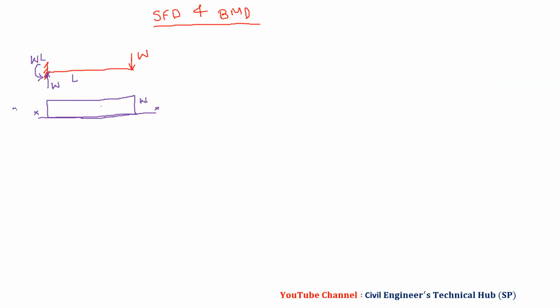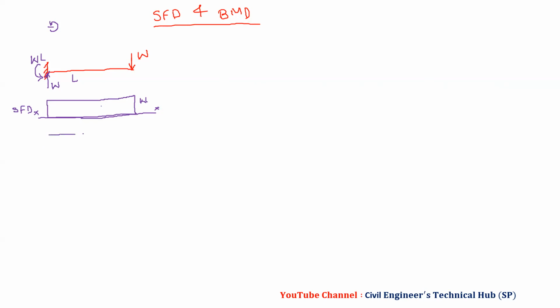This is my SFD. Now for BMD, we have to draw up or down, and that depends upon your moment. If we consider a small portion directly, and plot it, it will be in anti-clockwise direction, taking your body in the downward direction.